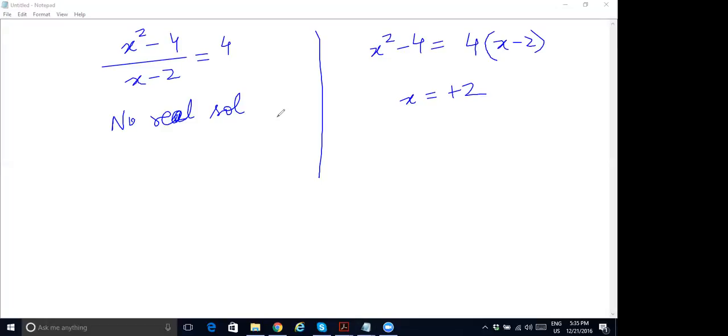The variable is actually making the denominator 0. So that is why we cannot solve this question. This makes sense? Yeah.